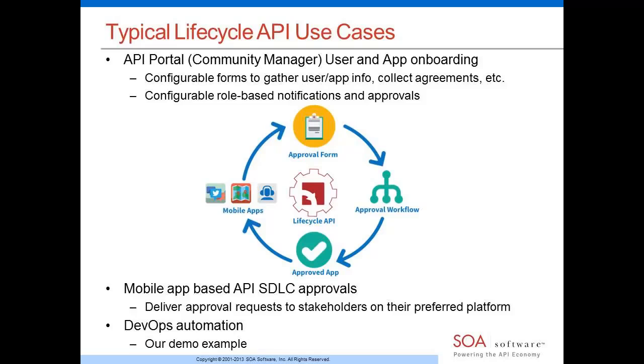And so you need to be able to customize a form, gather that information, route it through a review process so that some internal business manager can validate that the content's right, that it's acceptable for this user group to come on board against the API, and then go ahead and let the user register into the portal.